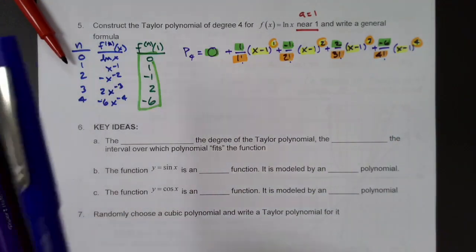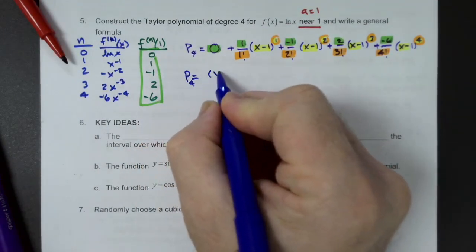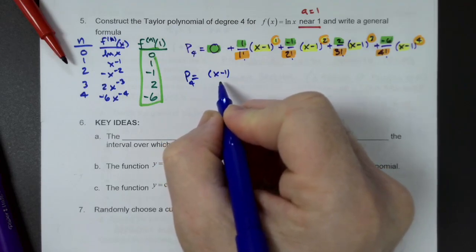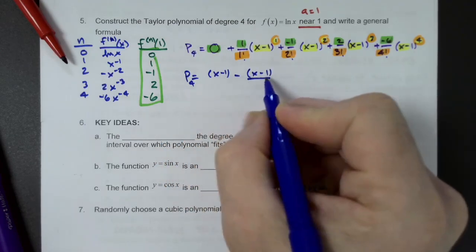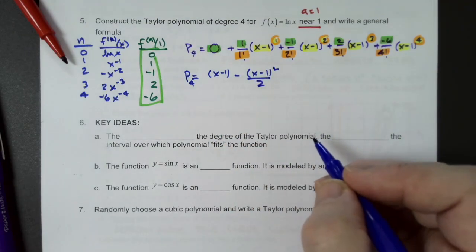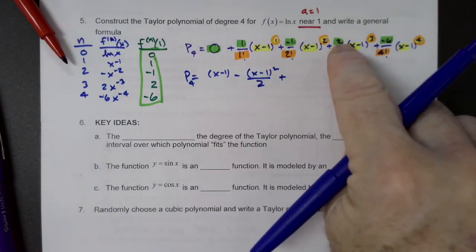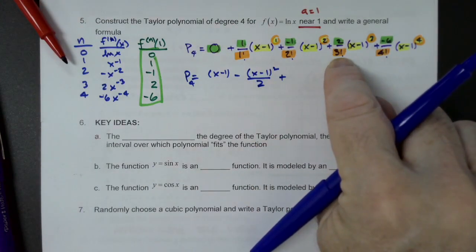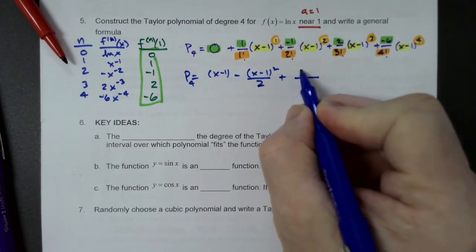If I wanted to simplify this a little bit, I'd get rid of that 0, and then you can see this is just x minus 1, minus the quantity of x minus 1 squared over 2, and then plus, and then think about this, 2 divided by 3 factorial will just leave us with 3 in the denominator.